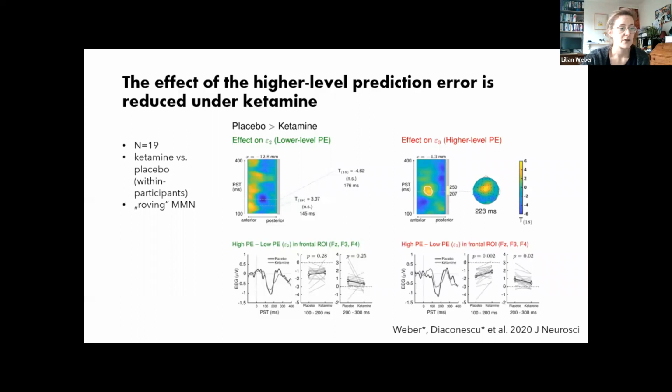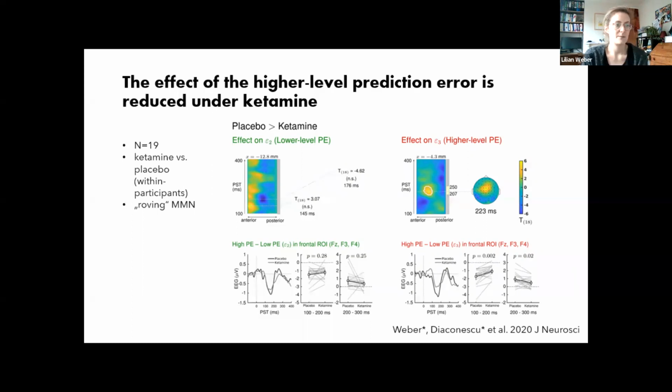But we saw that ketamine did reduce the representation of the higher level prediction error, which serves to update volatility estimates. Again, this is true both across the whole sensor space, but also in this region of interest analysis, where the effect of the higher level prediction error explained the difference between ketamine and placebo, both in this early time window for the classical MMN and in the later P3a time window. We thought this is interesting.